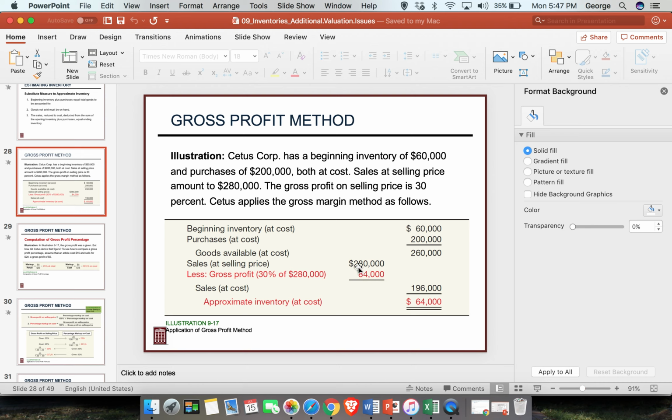So we're going to take that out. What we're doing is, our sales consist of gross profit and cost. So we're taking the gross profit out, so all that's left will be sales at cost of 196. So subtract that from the 260, and our approximate inventory at cost would be $64,000.